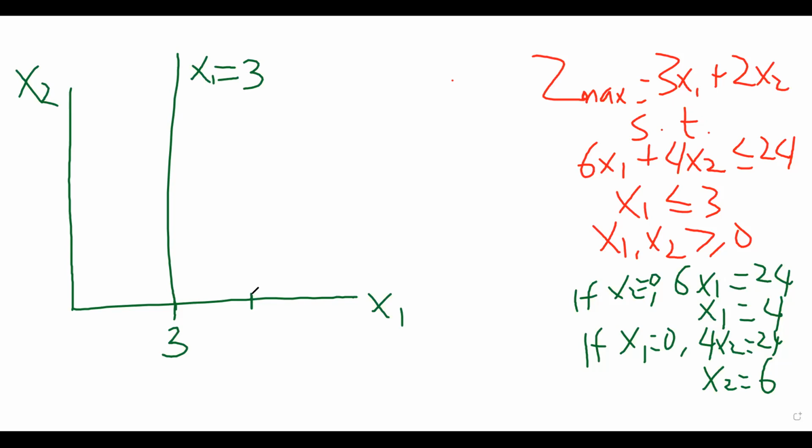And x2 is 6, so we'll take it up somewhere there. And so we'll join these two lines nicely, and that will be our second constraint. So this will be x1, which is 4, x2, which is 6. So we've been able to draw our constraint.